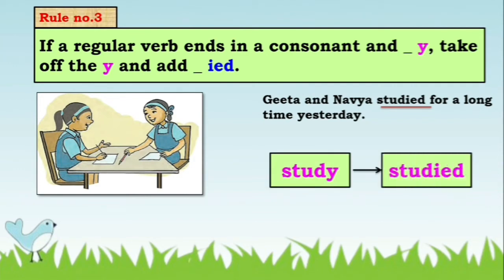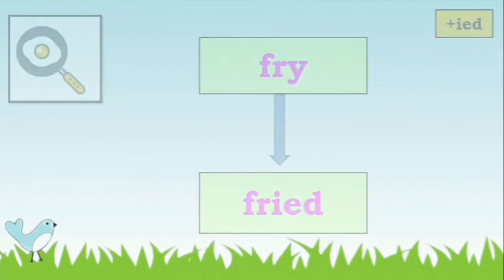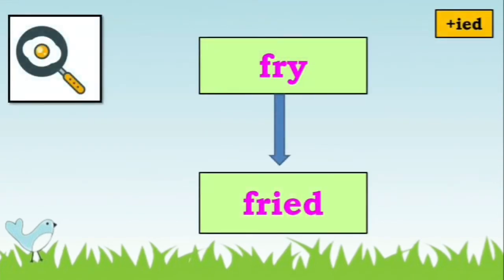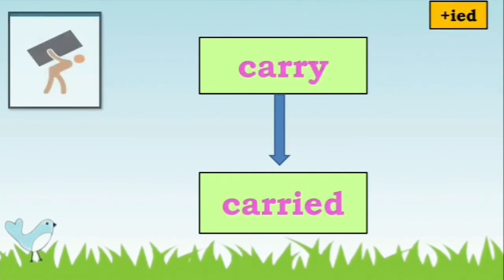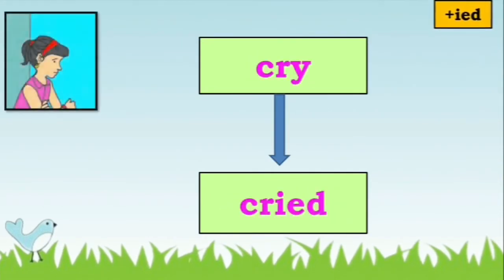Here the word study ends with a consonant plus y. So to form the past tense, we will remove y and add ied. Let's see some more examples. Fry, fried. Carry, carried. Cry, cried.